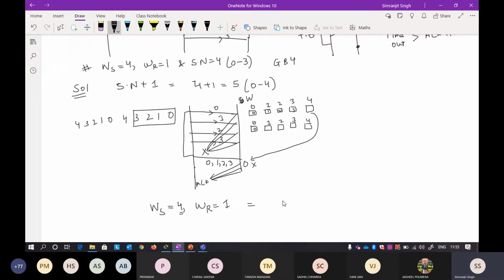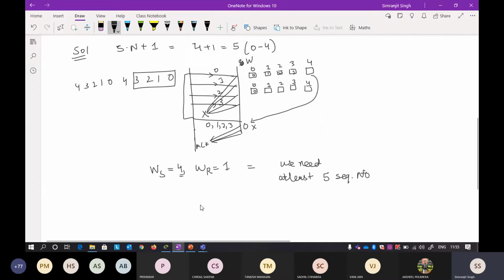From this I concluded we need at least 5 sequence numbers in this case. You can include more, but at least 5. How do I reach this conclusion? The window size is 4, and at the receiver side I have to wait for one sequence number that does not lie inside the window.